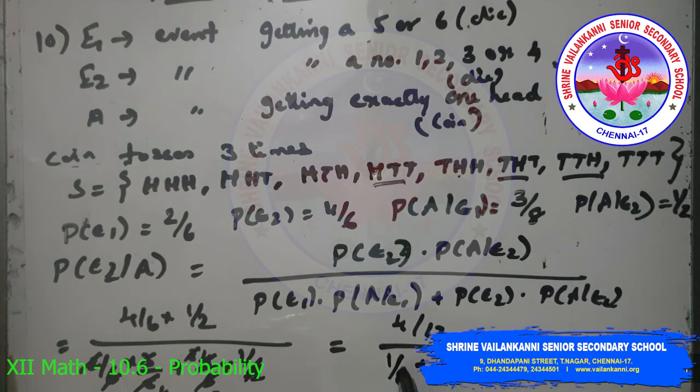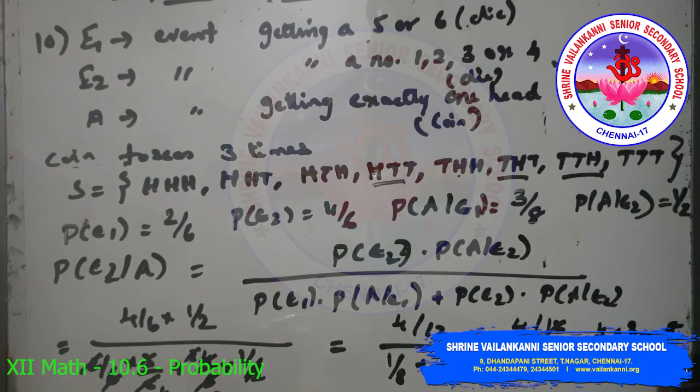So taking LCM we get 4 by 12 whole by 3 plus 8, 11 by 24. If we cancel this we get 2, which is equal to 4 by 1 into 2 by 11, which is 8 by 11. So required probability is 8 by 11.